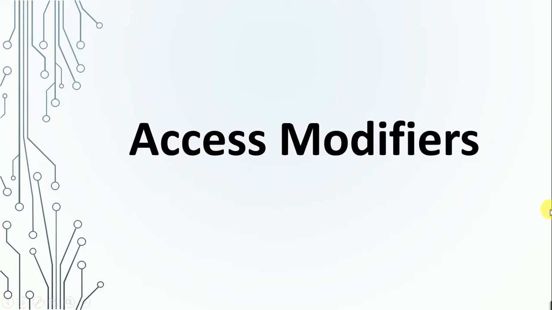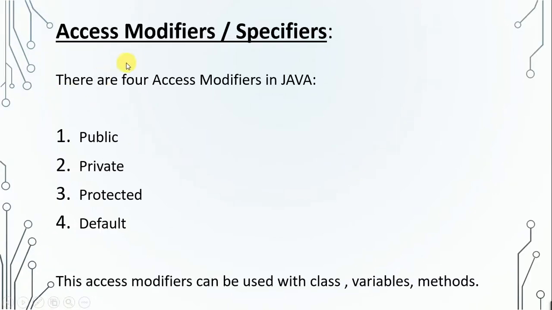Okay, so what are access modifiers? Basically, access modifiers are used to define the scope of a particular member. That member can be a class, method or a variable. You can say access modifiers or access specifiers. There are four access modifiers in Java: public, private, protected, and default.